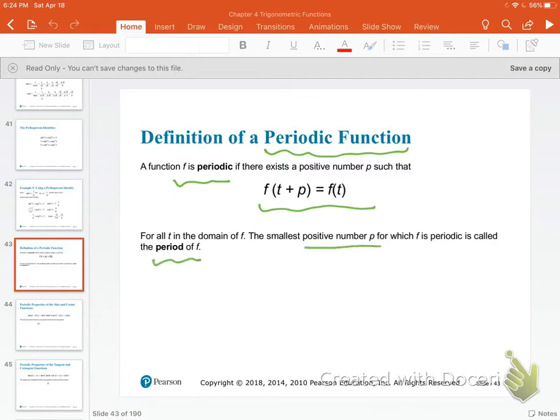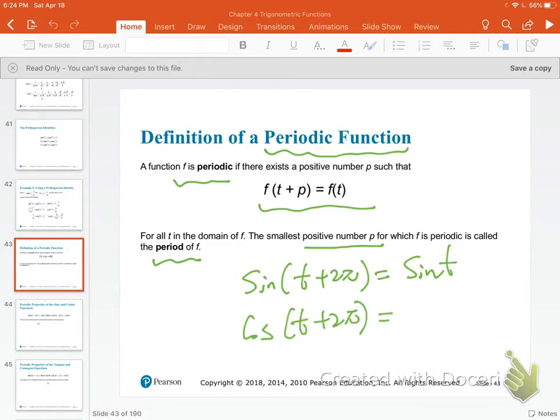What we got before is sine of t plus 2 pi is equal to sine t, and cosine of t plus 2 pi is equal to cosine t. The angle is changing, but 2 pi is a fixed number.